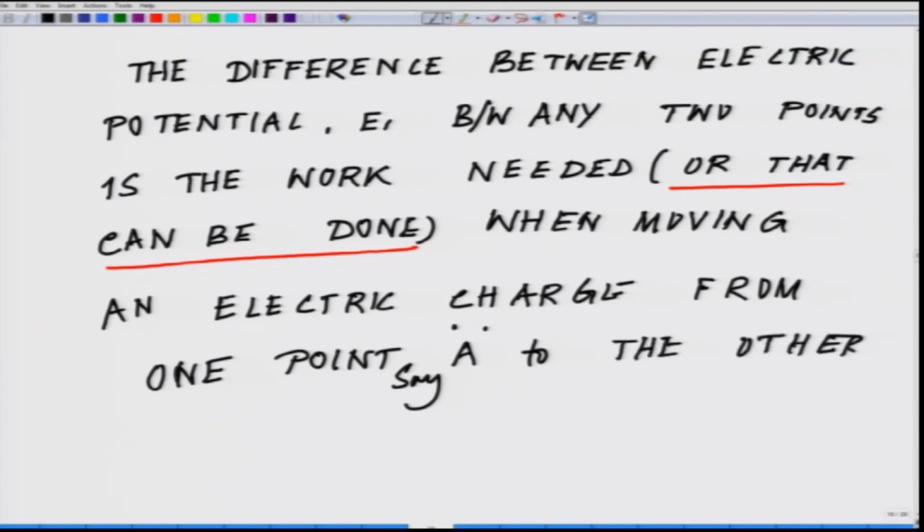So, we consider that as point B. Okay. So, potential difference is measured in volts. PD stands for potential difference.